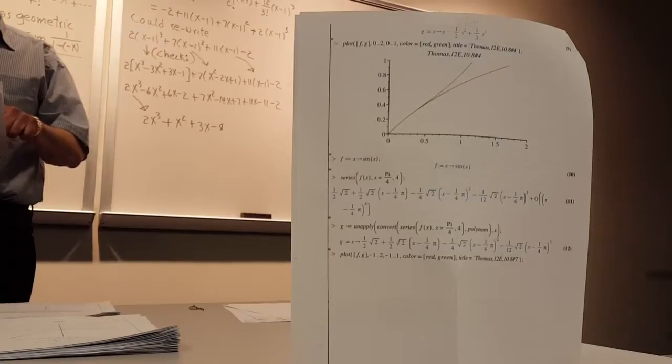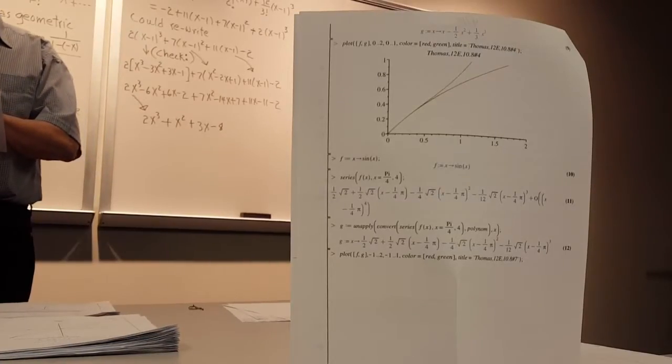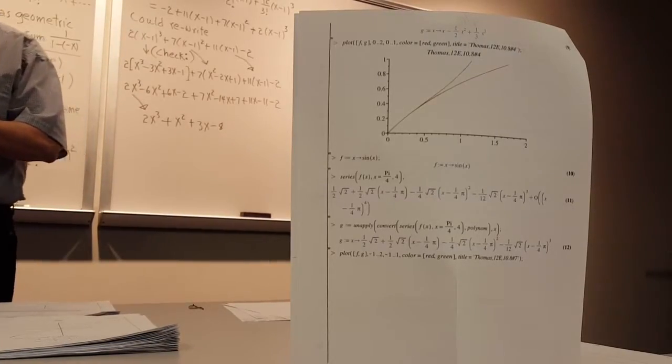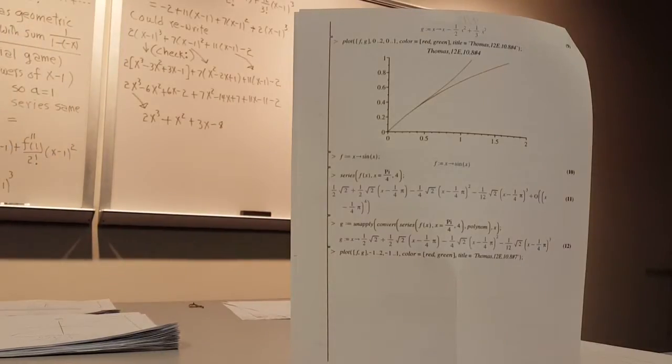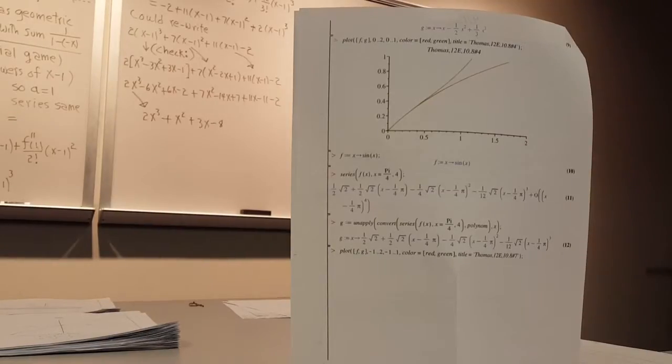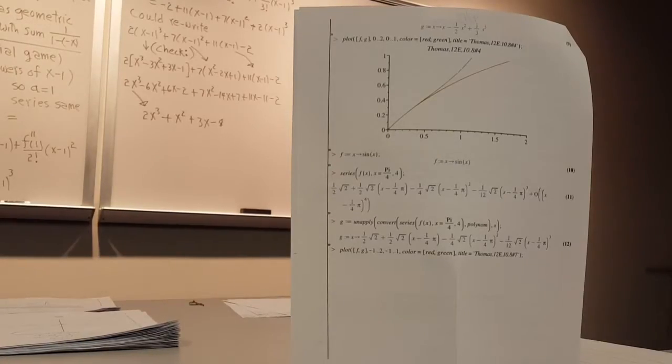So you see the line 11 then, you notice that this 3 factorial is 6 times 2 is 12. So you have minus root 2 over 12, which is the way Maple writes it.